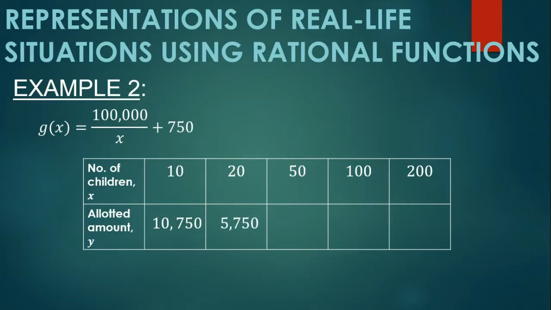Kung may 20 na children, bawat isa ay 5,750 ang makukuha. If there are 50, bawat isang bata makakatanggap ng 2,750. If there are 100 children, bawat bata ay makakatanggap ng 1,750. And if there are 200 children, each child will receive 1,250 pesos. Understood?